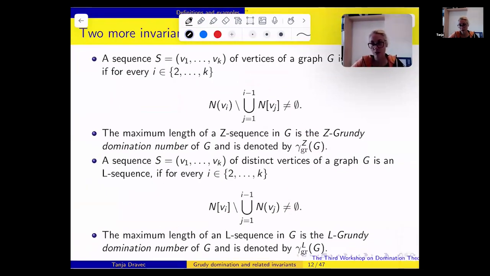Then a bit later, two more Grundy invariants were introduced. I will not go into details on the motivation here; I will say a few words at the end of my talk.